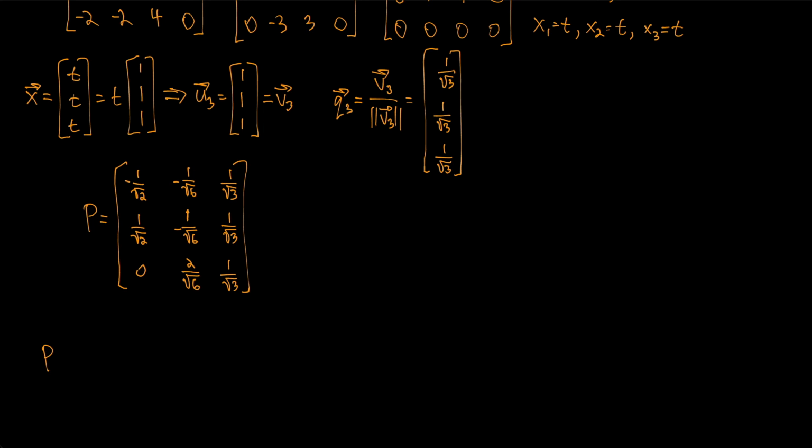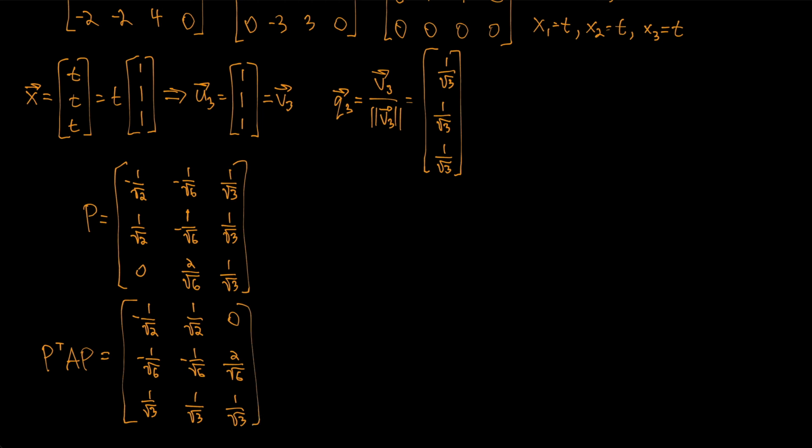So you could see if you tried doing the multiplication that P transpose A P would be equal to minus 1 over root 2, minus 1 over root 6, 1 over root 3, times 1 over root 2, minus 1 over root 6, 1 over root 3, 0, 2 over root 6, 1 over root 3, times A, which was 4, 2, 2, 2, 4, 2, 2, 2, 4.